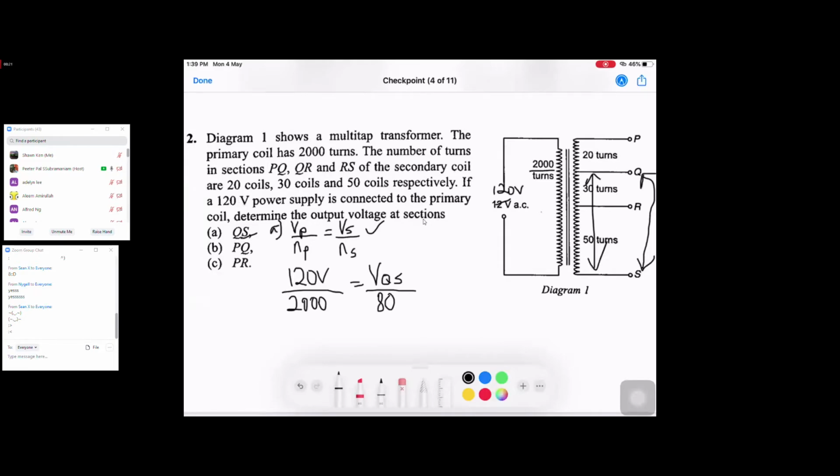So what is the voltage of QS? 4.8. Yicheng, what's the answer? 4.8. Thank you. Is that right? Say yes for yes.